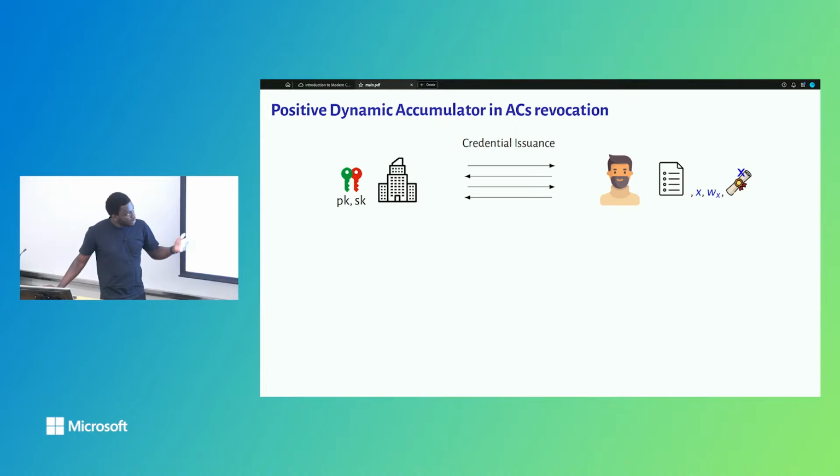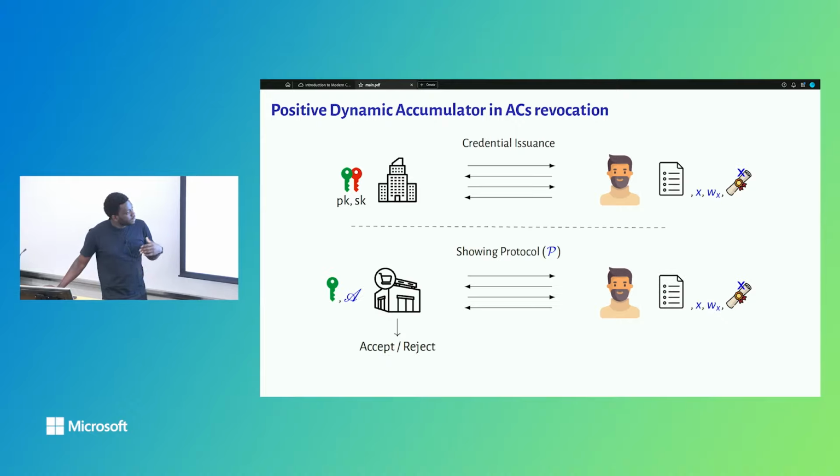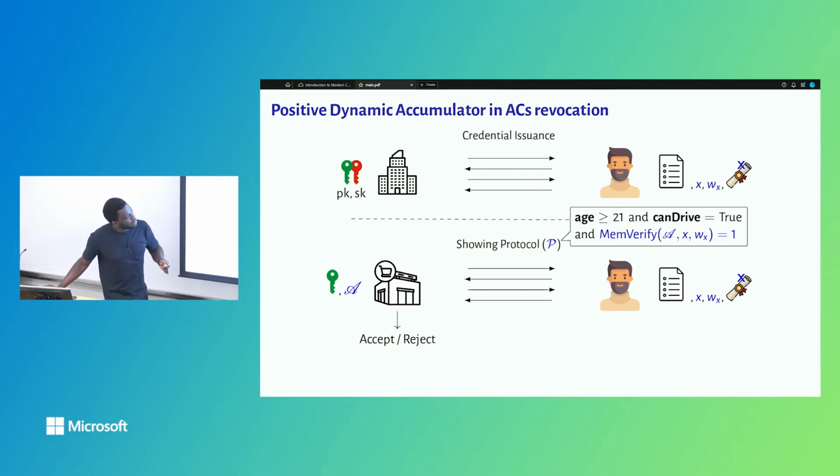And now down the line, when he wants to redeem, he will still go through this showing protocol. But now the predicate, instead of Bob simply proving that his credentials satisfy P, will be augmented so that he also has an element X that is inside the accumulator.